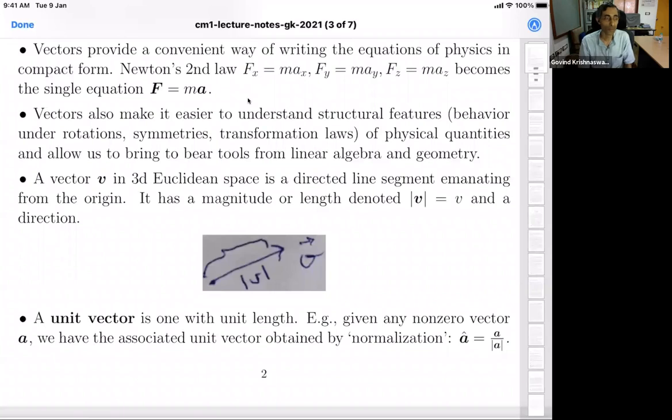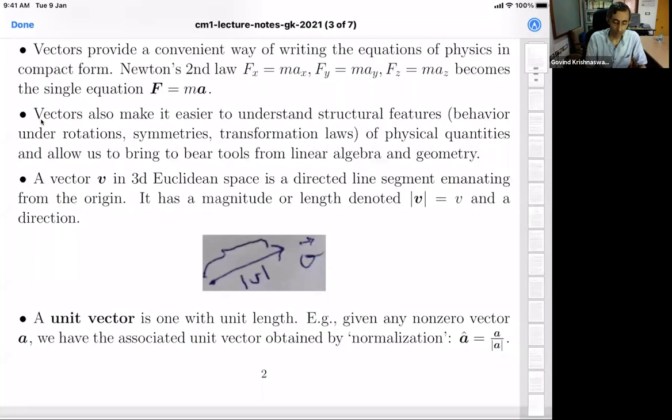There are groups of people who simply don't have the right notation and are not able to make progress, or it slows down progress. Okay, so let's also go ahead with some other uses of vectors. Vectors also make it easier to understand structural features of equations and phenomena.